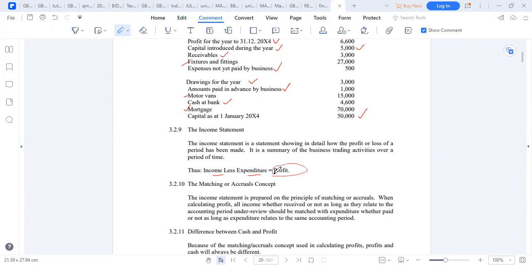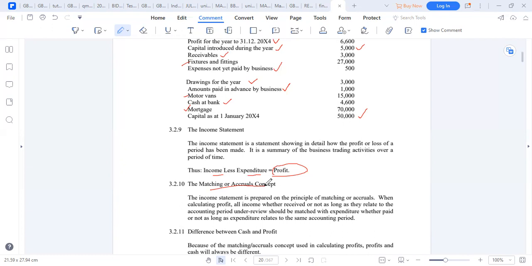Under the income statement, we have the concept called the accruals concept. This says that when we're calculating profit or income, whether received or not, as long as they relate to that particular period of time, they should be matched to the expenditure, whether it was paid or not, during the year to which it relates.